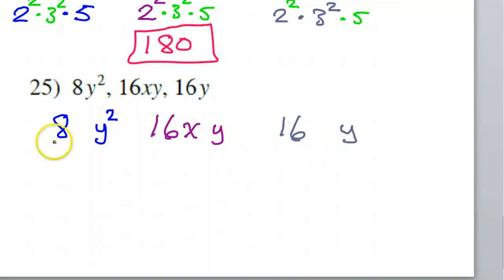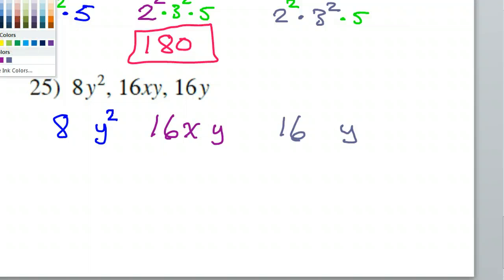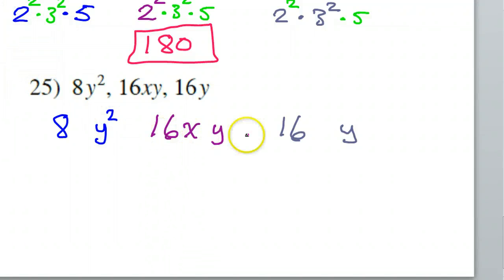So these are our three things, and we need to make them all the same. See how both of these are 16, so I need this to be 16, but I can make this become 16 just by multiplying by 2. 2 times 8 is 16, so just pretend 16, 16, 16. Now variables. The next variable in alphabetical order is x. This one has an x.